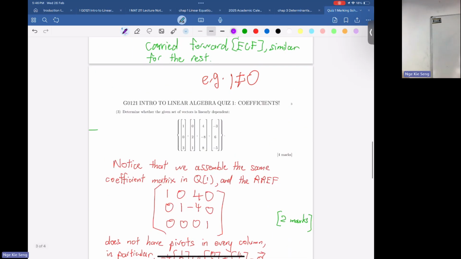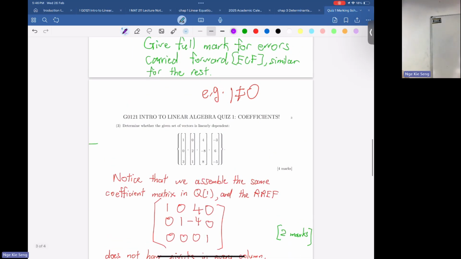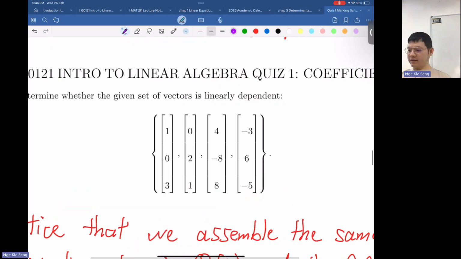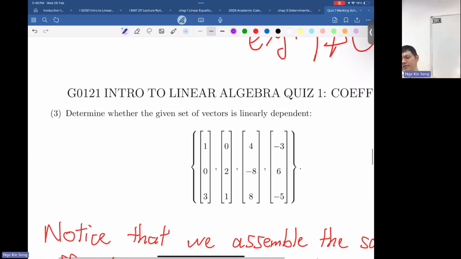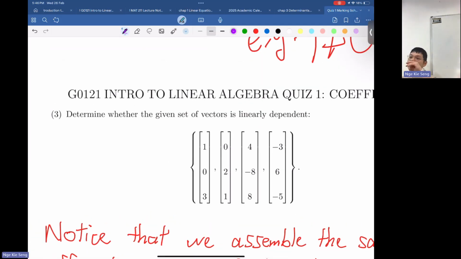Third question here. Determine whether the set of vectors is linearly dependent or independent. So what do you think? What should you do? Edward, what should you do? Okay, continue.